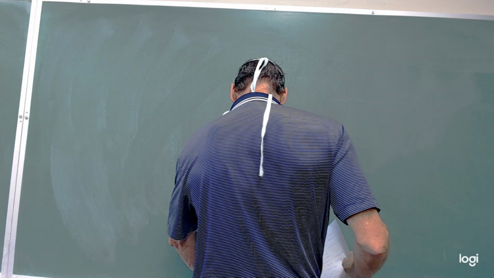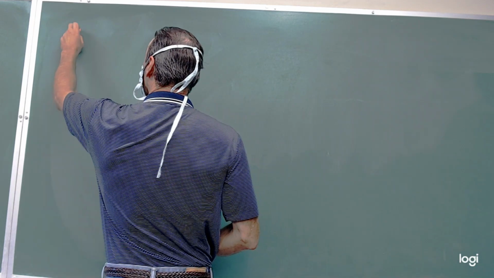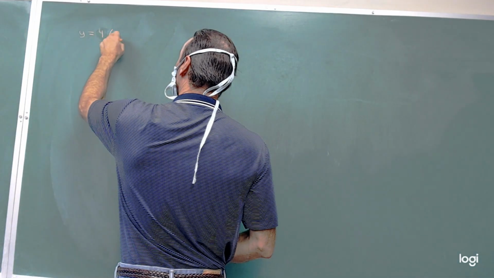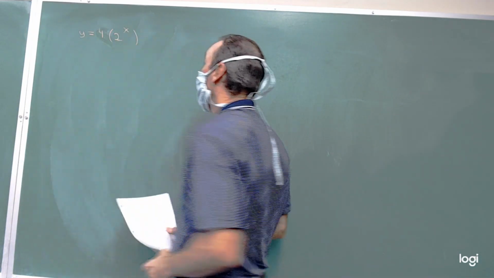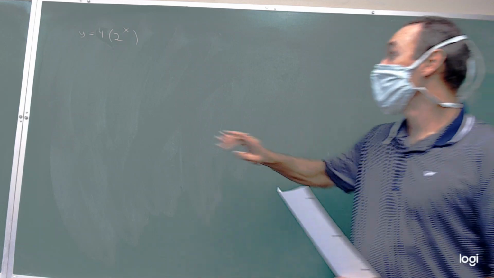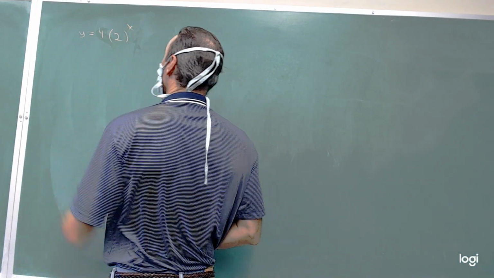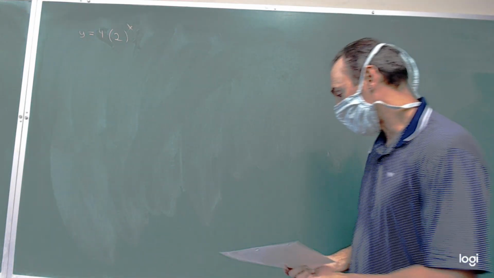So this time, again, we'll start with our y equals, and I'll emphasize the fact that we're looking at the a. So this is 1, let me write it maybe this way, 1 times 2 to the x. So the a there is our 1.